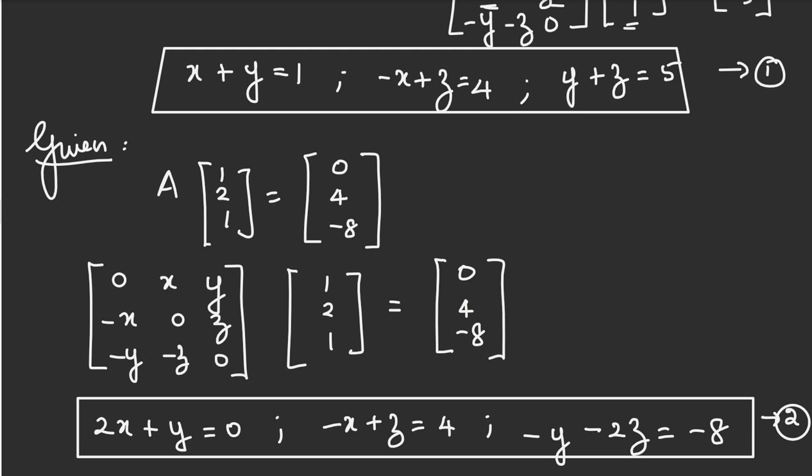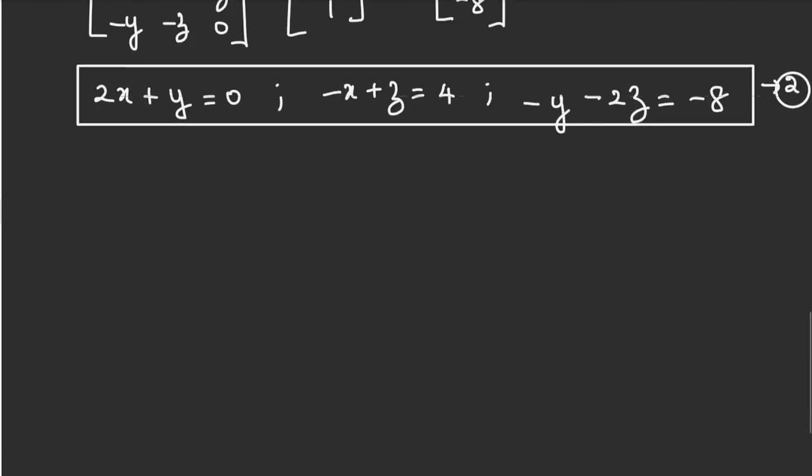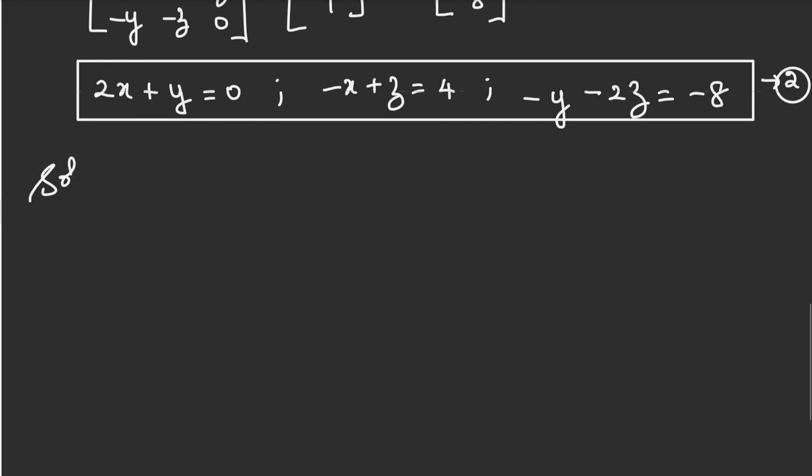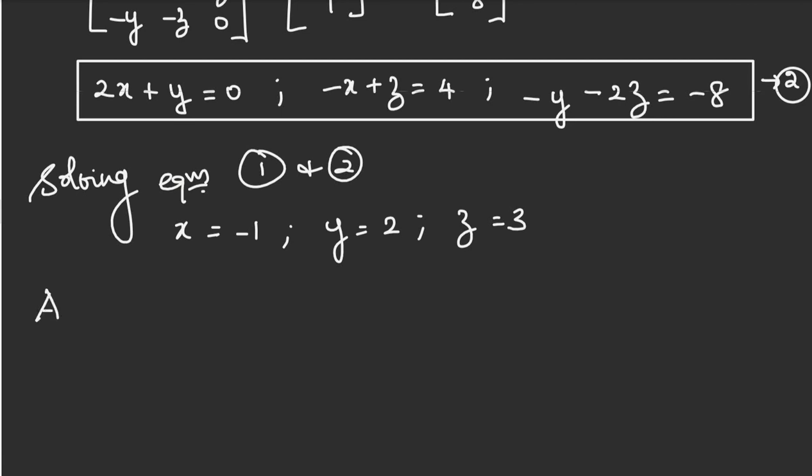So solving equations 1 and 2, we can write the skew symmetric matrix A by substituting the values for x, y and z. We get 0, minus x, where x is minus 1, so minus x is 1; y is 2; then 0, 3; next row minus 2, minus 3 and 0.